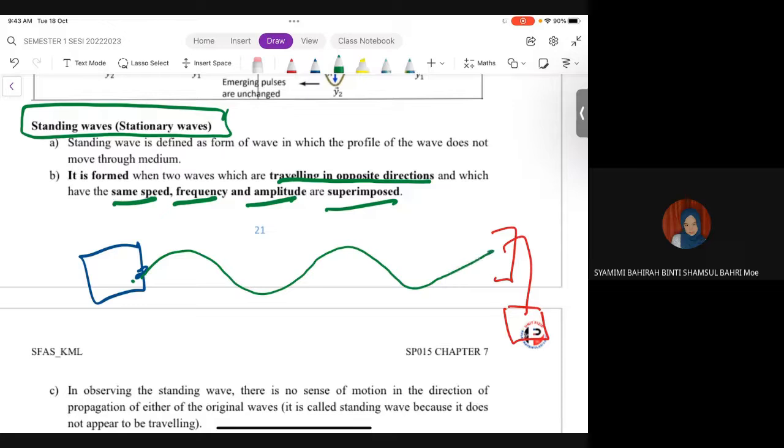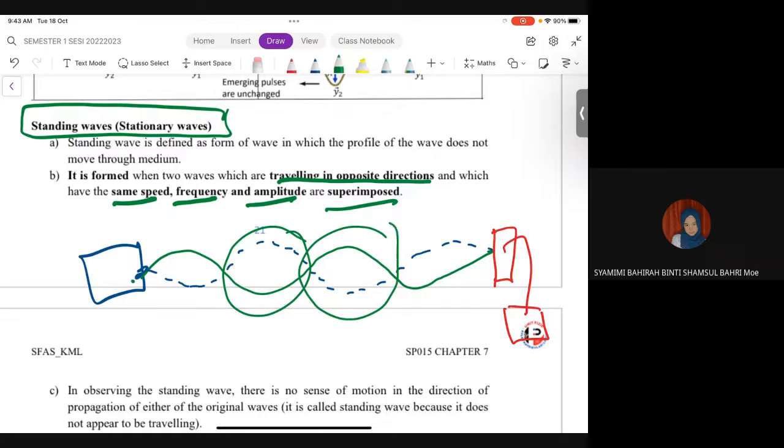So dia akan menghasilkan another wave. So that's why kalau awak perasan masa awak buat eksperimen semalam, you nampak ada macam gelombang. So gelombang tu sebenarnya adalah superposition.